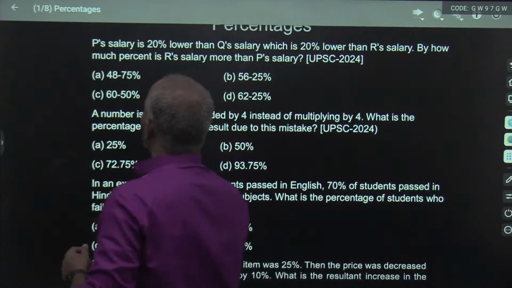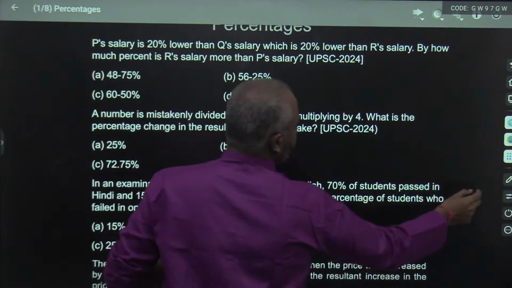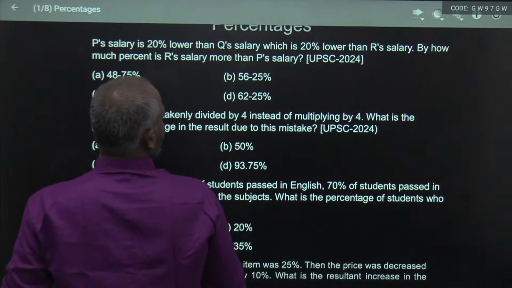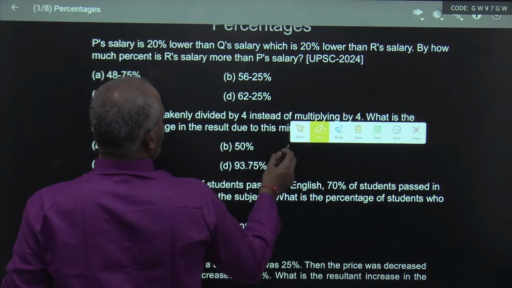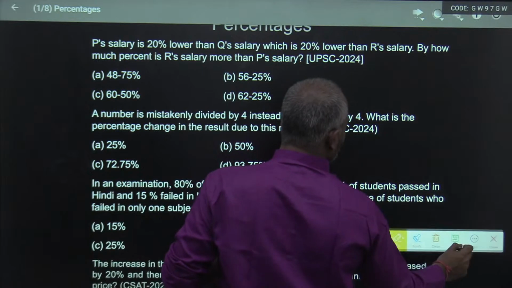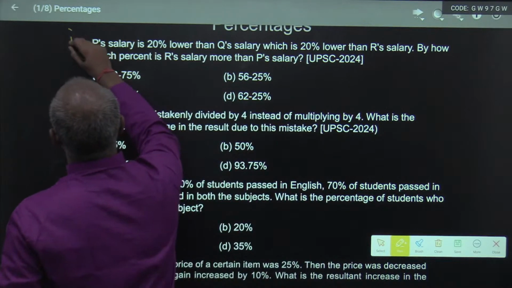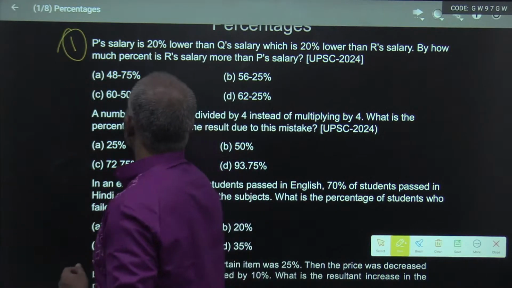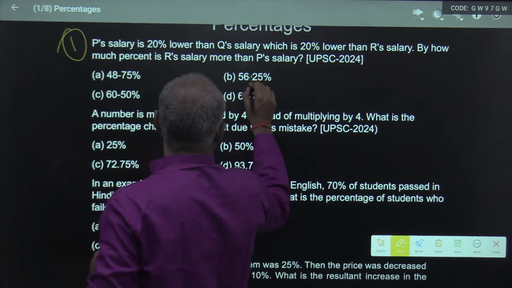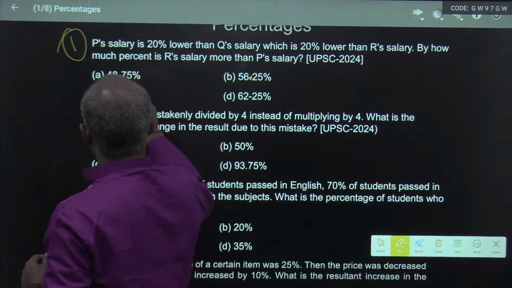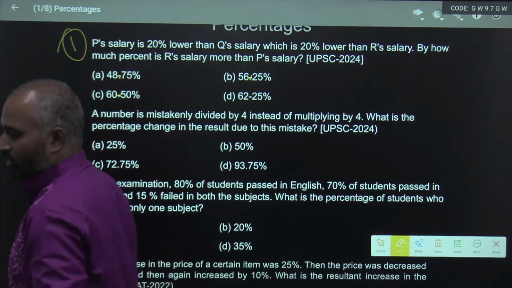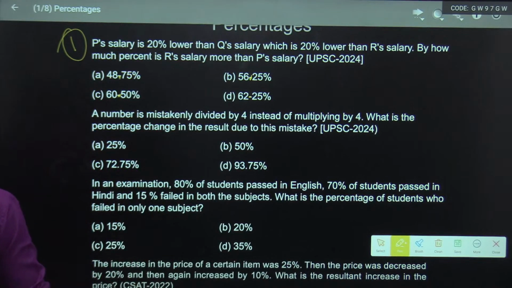Let's start with problem number 1. This is PYQ 2024. The options are 56.25, 60.5, 48.75. Take a minute.